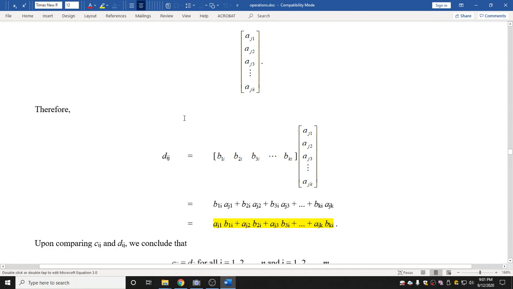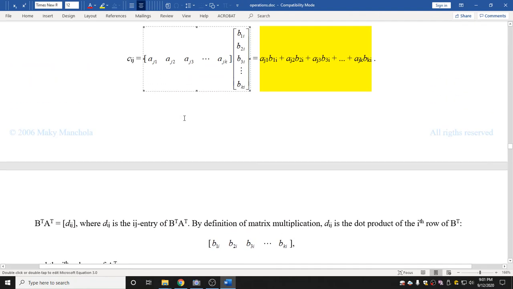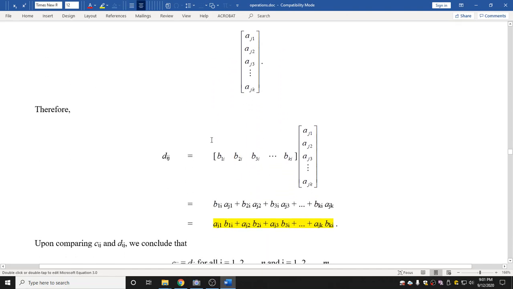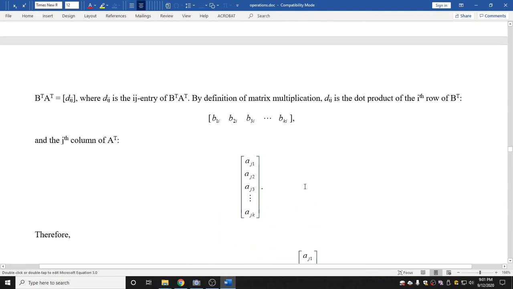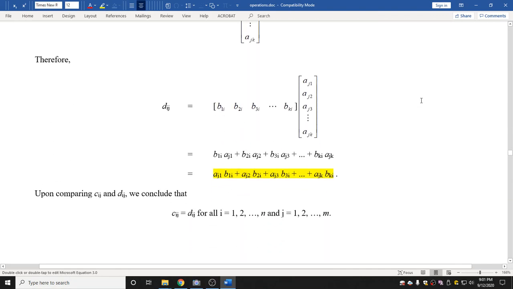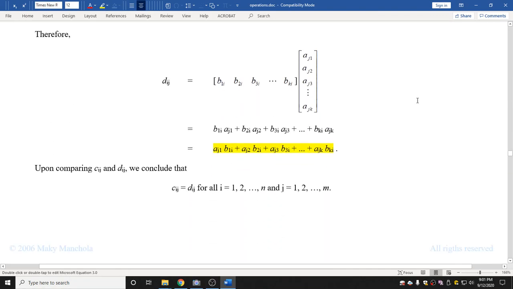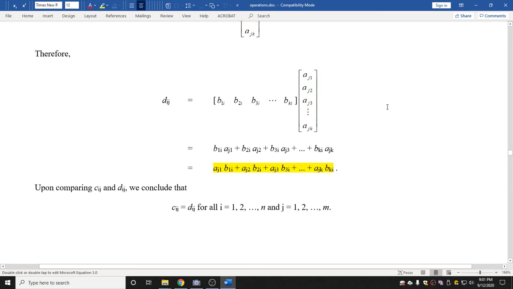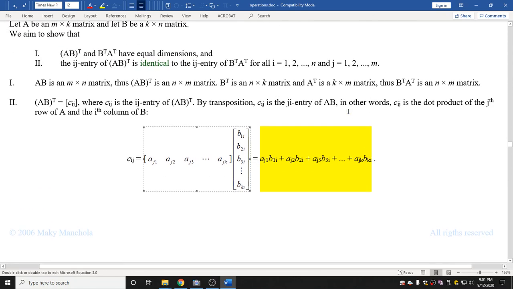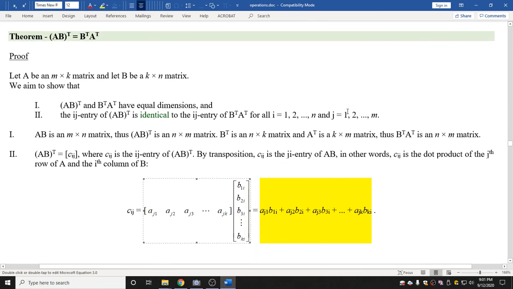Observe: Aj1 B1i plus Aj2 B2i plus Aj3 B3i, and so on up to the last one, Ajk Bki. So our second goal has been achieved. So the proof is complete.